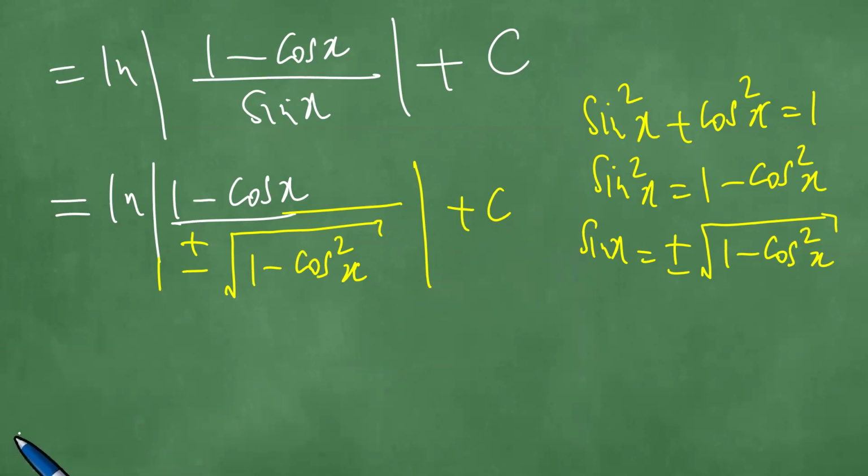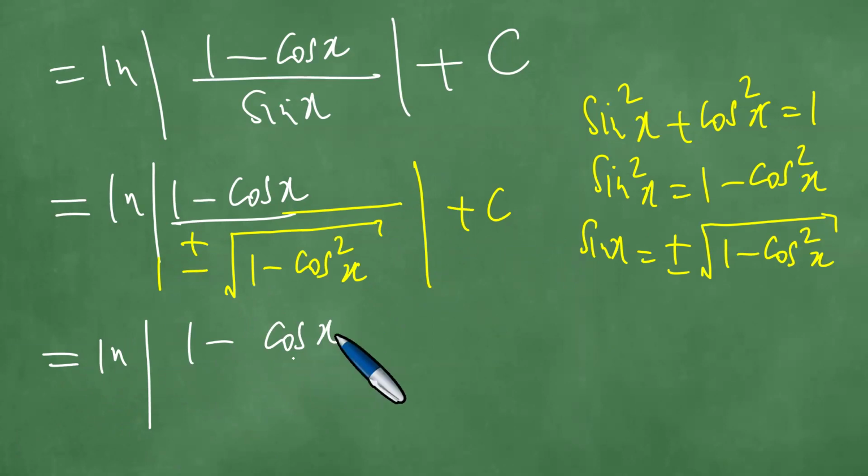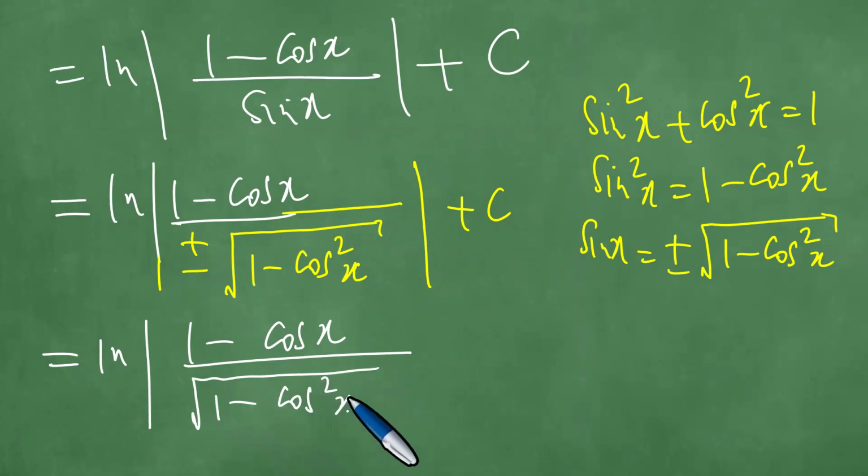And so the modulus of plus or minus is just plus, so that you have 1 minus the cosine divided by the square root of 1 minus cosine squared plus c.